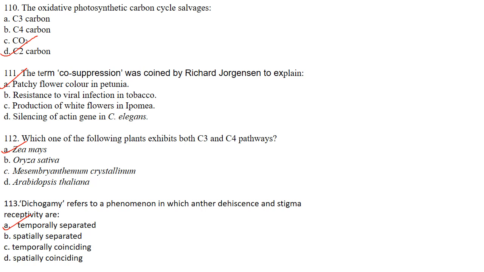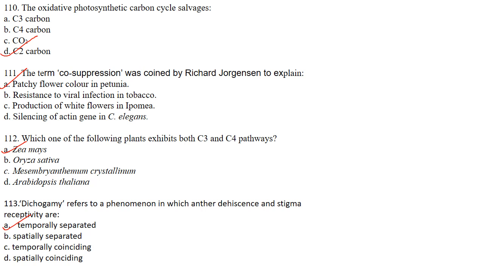But instead of producing deeper purple flowers, many of the transgenic plants had white pigment-free flowers and others had flowers with white patterns on a purple background. So the answer here is option A, patchy flower color in petunia. Answer is option A.